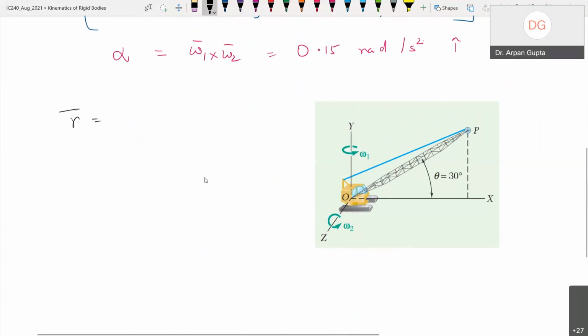So if from here to here is the r vector, we can take components and write this r vector. Once the r vector is known, let me write it down. It's 10.4 I cap plus 6 j cap. So the velocity is now omega cross r.